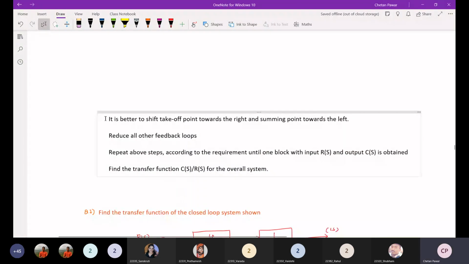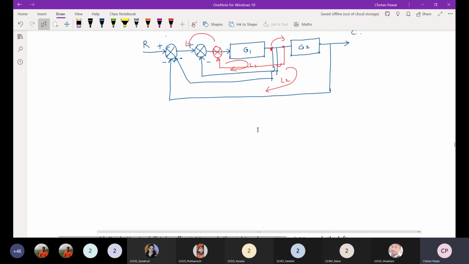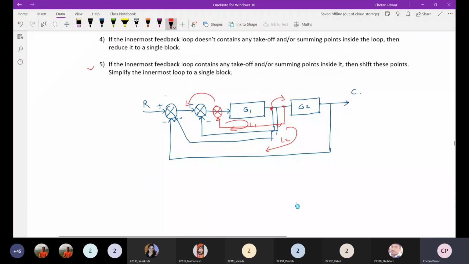Then rule number 6 is: it is better to shift takeoff points toward the right and summing points towards the left. What is meant by this? This is a takeoff point and this is a summing point, and I want to simplify this particular L1 innermost loop.